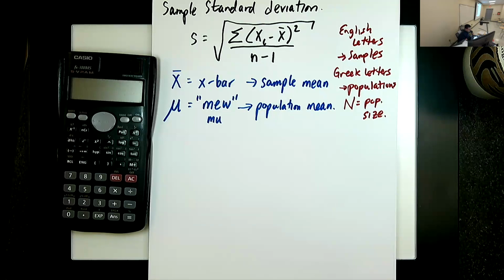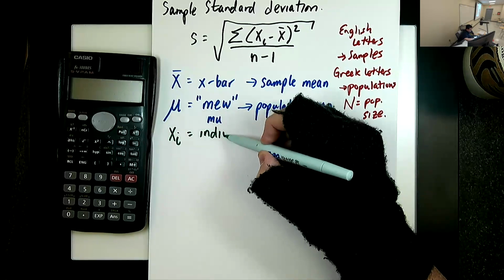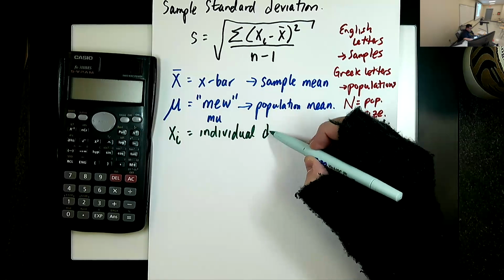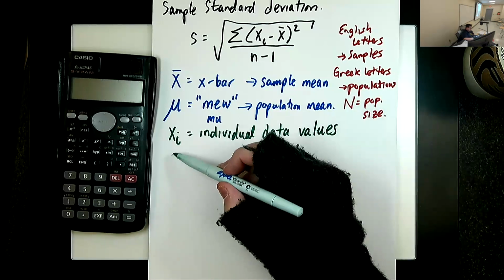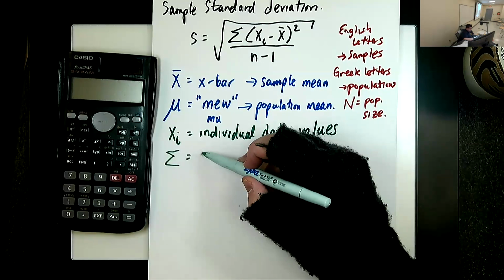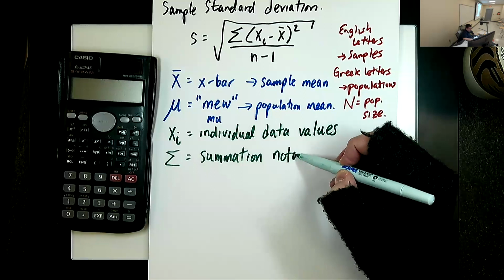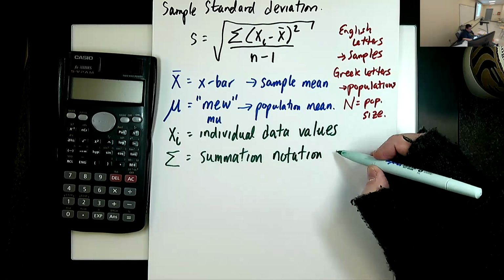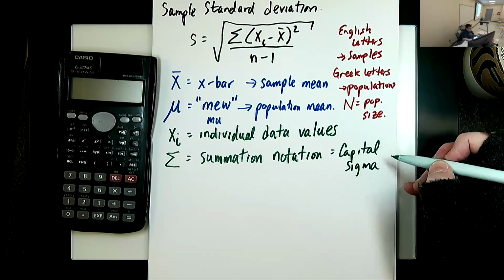Doing the average has us adding stuff up and dividing. So maybe I can list what the other stuff is. Xi is the individual data entries, and you'll see a little bit more what I mean by that in a little bit. Data values. This big crazy E is summation notation, and we'll walk through doing some stuff with that so you can get hands-on with it. This is capital sigma. Sigma is the Greek letter.